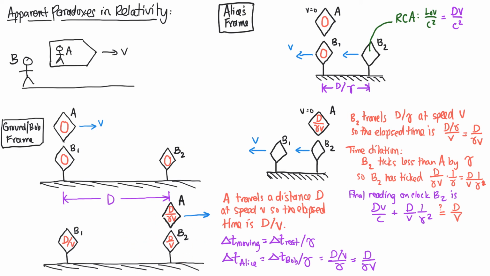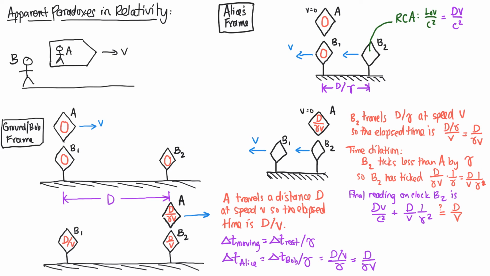It may be surprising perhaps, but oh, look, I've made a mistake. This first term should be d v over c squared. I dropped my c squared, I just didn't copy it down from this equation up here.